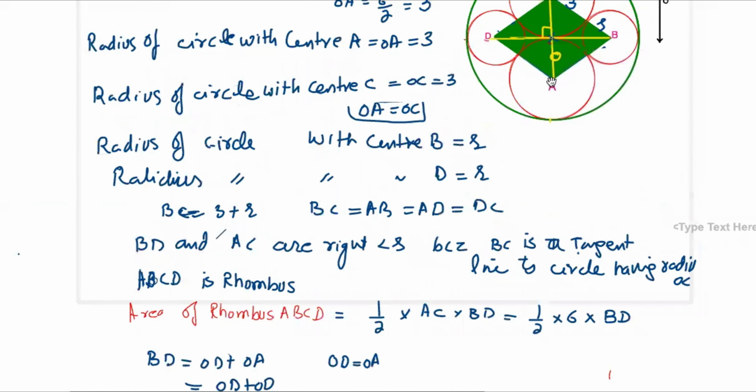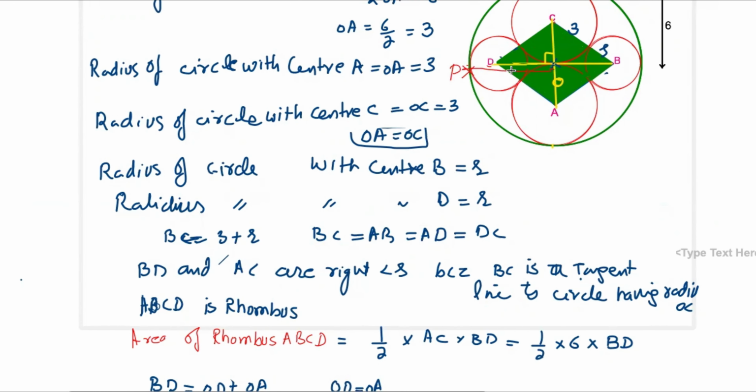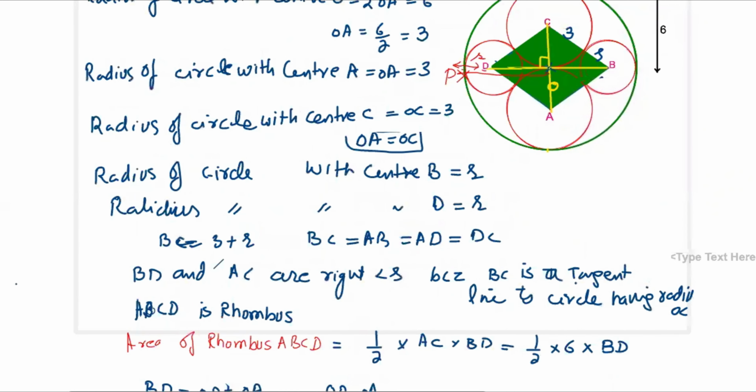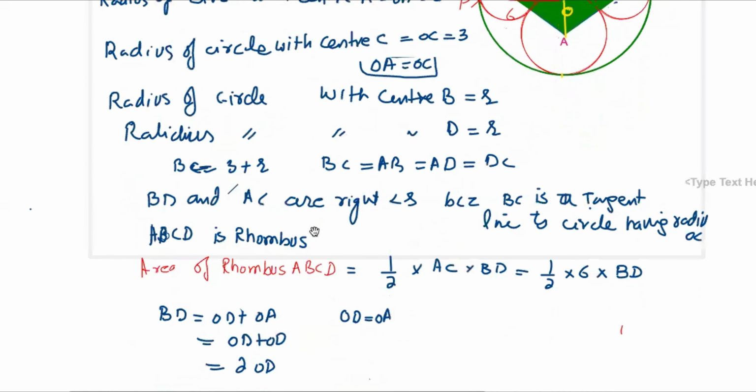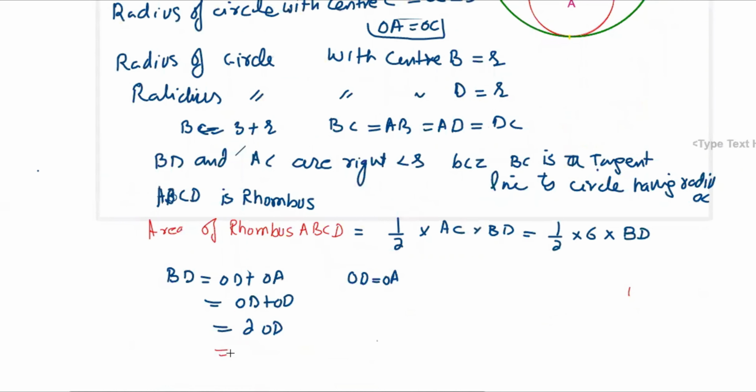Now you see here this length OD. This length D to P is equal to small r. Therefore the length OD will be equal to, the total length OP is 6, and the remaining length OD will be equal to 6 minus r.